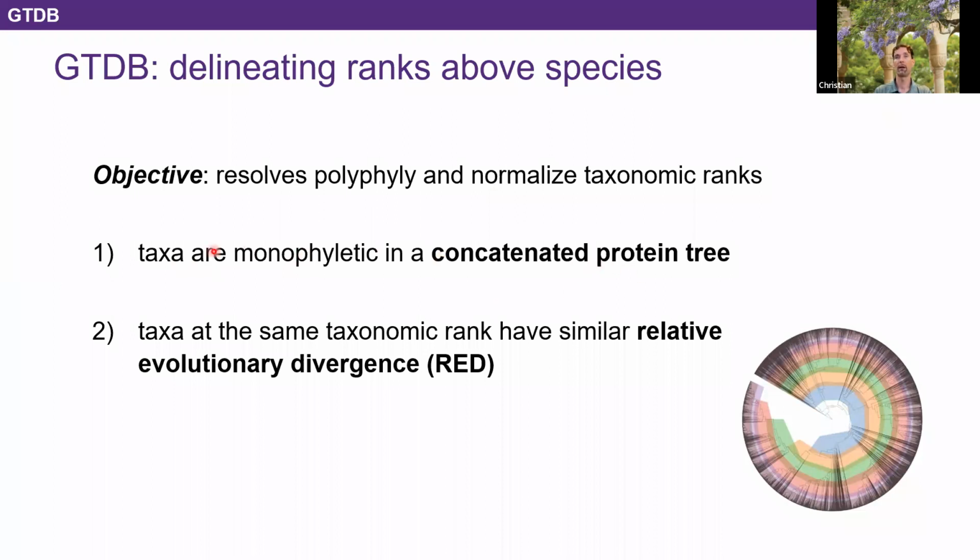There we look for taxa that are monophyletic in those trees. And second, we use a criterion called the relative evolutionary divergence, or RED, and that allows us to normalize the ranks. And that is probably, I would say, the heart of the GDP. So let's have a look and see how that works conceptually.